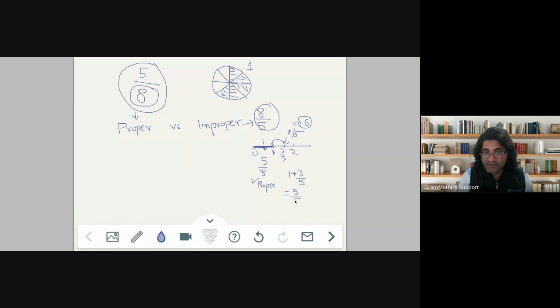So this becomes 5 over 5 plus 3 over 5, and then we get 8 over 5. Isn't it? So what we notice here is that this is actually more than a whole. And because this is more than a whole, the literal meaning of fraction doesn't apply to it, which is why it is called an improper fraction.